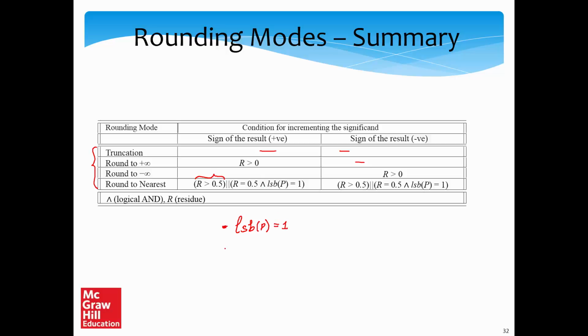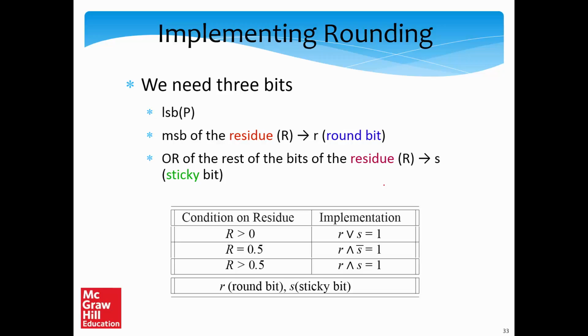The second circuit needs to compare the residue with 0 and compute this expression. The third circuit needs to compare the residue with 0.5 and see if the residue is greater. And fourth, you need to compare the residue with 0.5 and see whether it's equal. If we can compute the values of all four of these expressions, then we can compute all the rounding conditions.